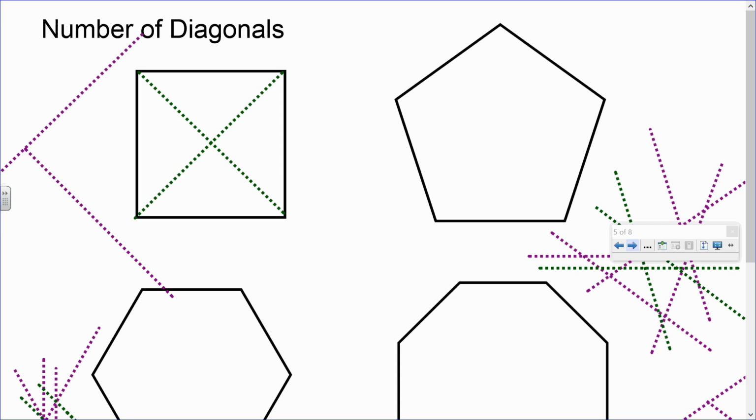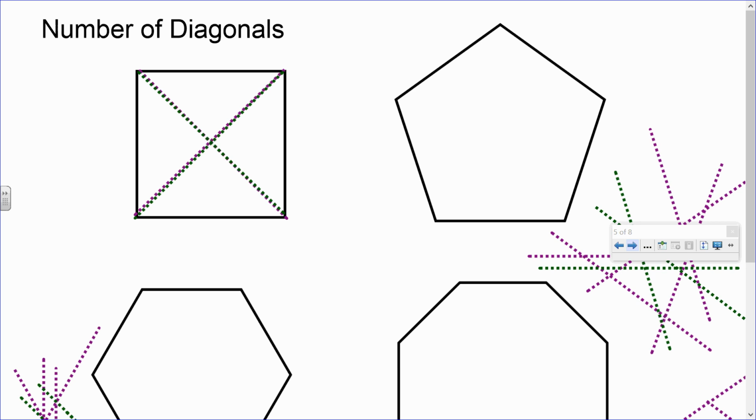Again, I can't draw a diagonal to itself or to either adjacent one. If I go to the third one, I can draw one diagonal, but whoops, it looks identical to one I've already drawn. And if I go to the last vertex, I can't draw to itself or either side. I can only draw across from it, and I've already drawn that one.